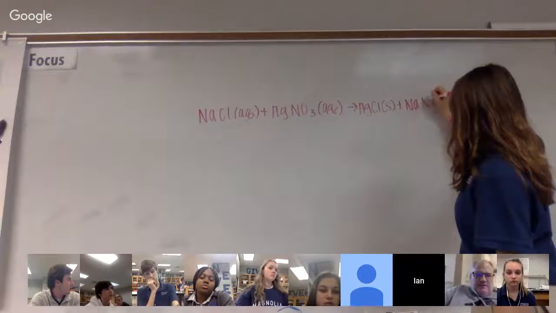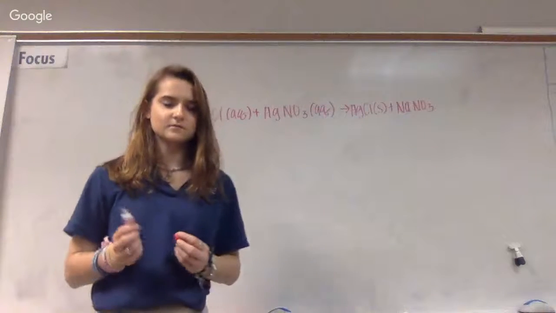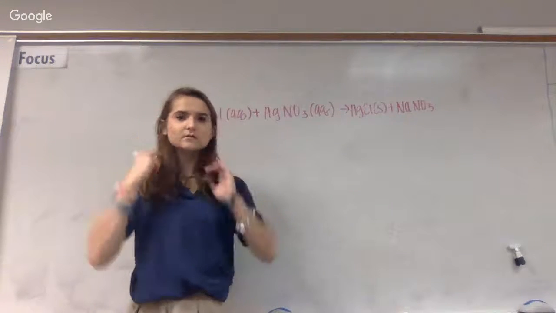And I realize that I should switch over to what you guys are doing on the board. Okay, so those of you who are watching this later, this is the equation.